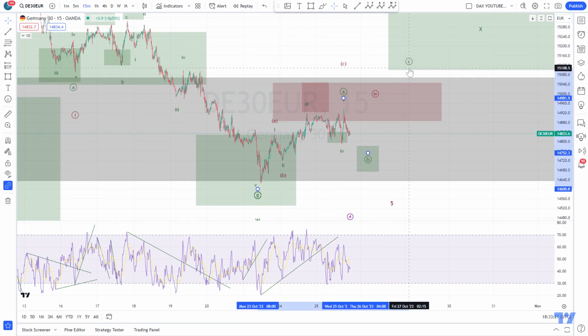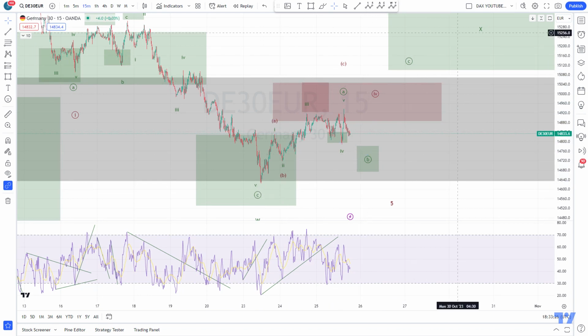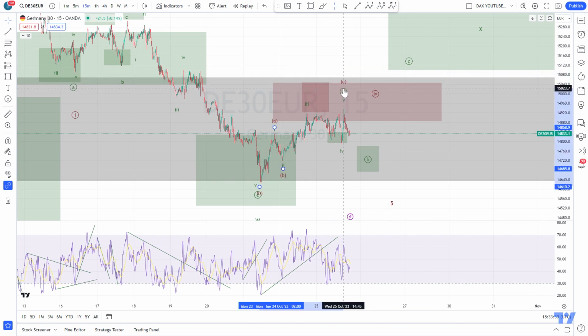So a wave C, probably then into the wave X area, then we have an ABC as a wave X. Now, if we count this as an A, B, C like this, and the C wave with wave 1, 2, 3, 4, 5, then we should actually see more downside from here.